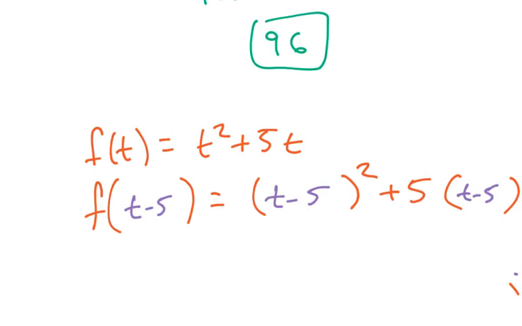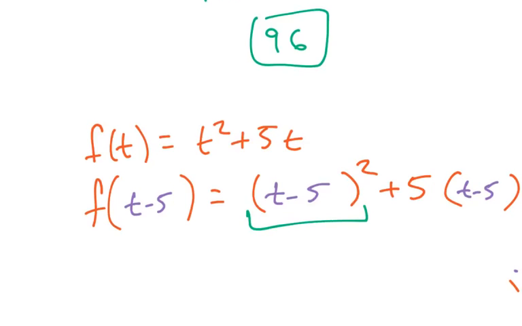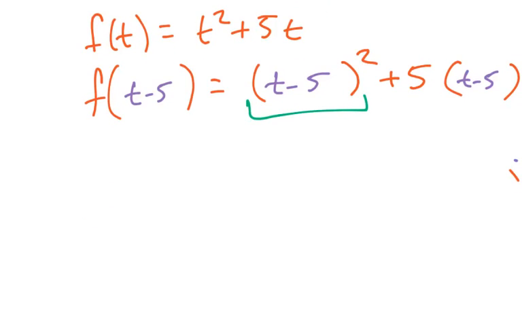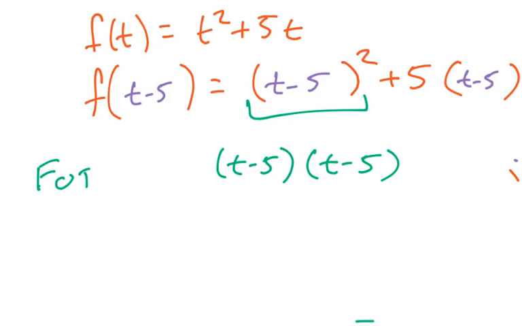Now this one, you're going to have to FOIL. So remember, we said two things about foiling this out. You can either legitimately FOIL it, so t minus 5 times t minus 5, and remember we said FOIL stands for first, outer, inner, last.